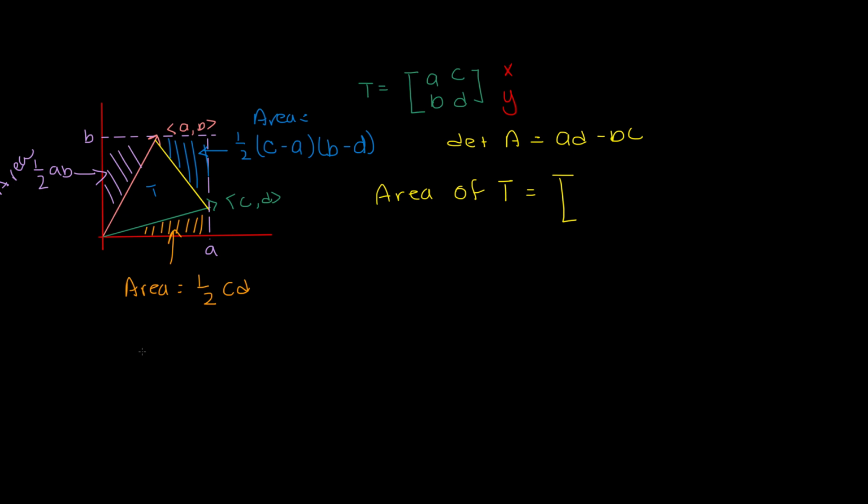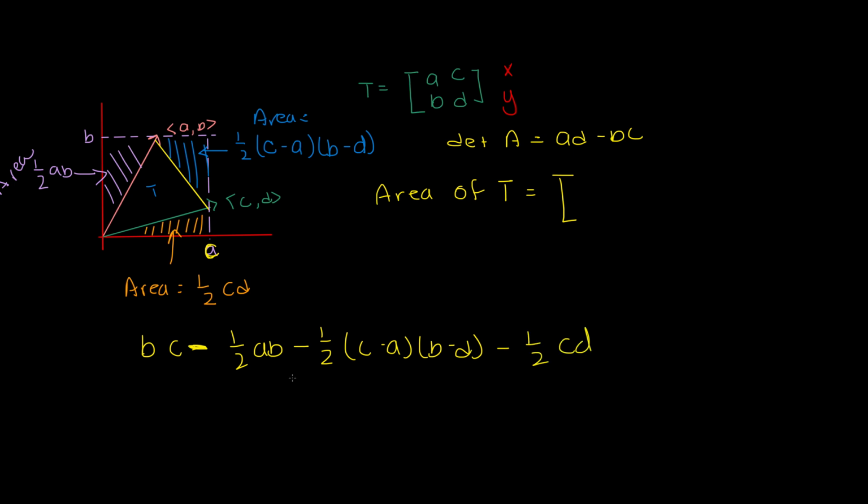The area of the rectangle, oh, this is not A, this is C. Sorry, this is A, this is C. So this is going to be B times C minus these areas: 1/2 AB minus 1/2 (C minus A)(B minus D) minus 1/2 CD.